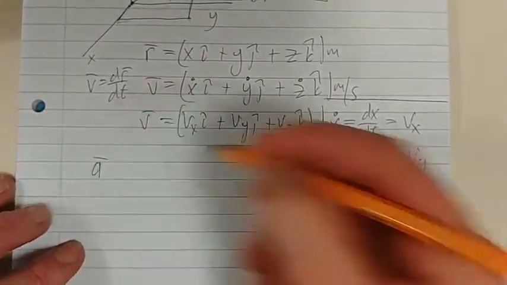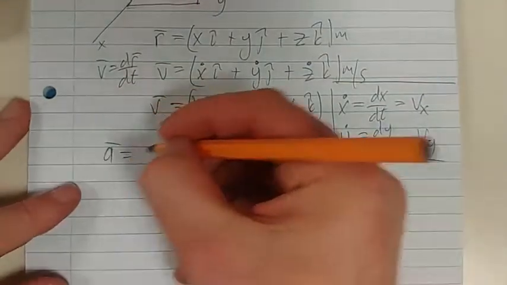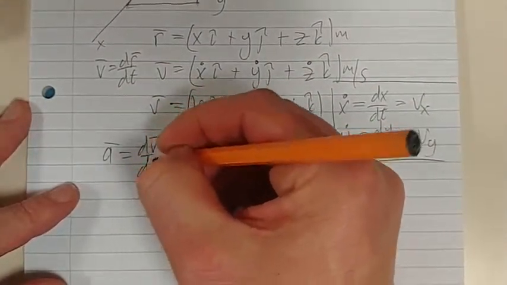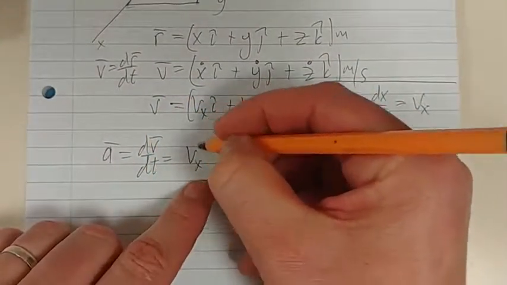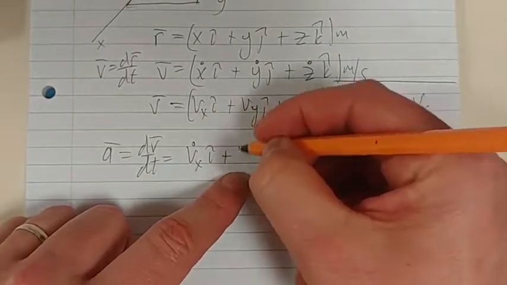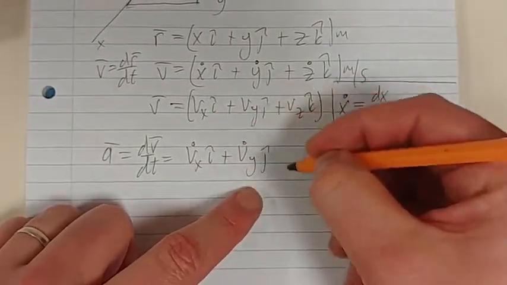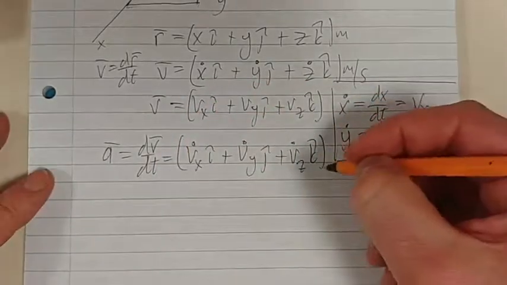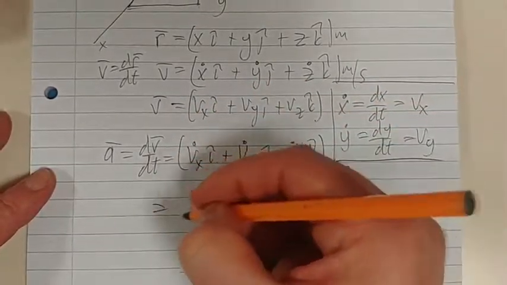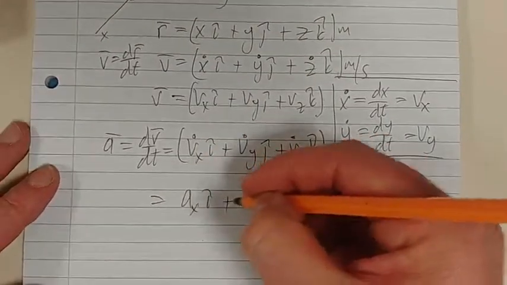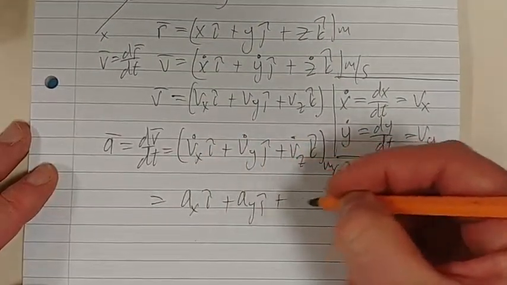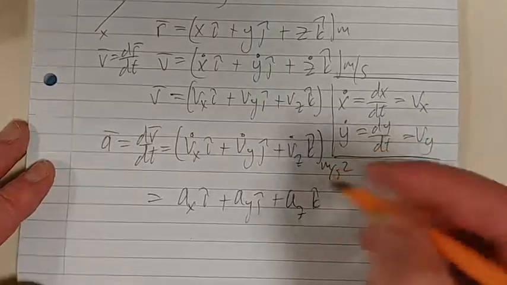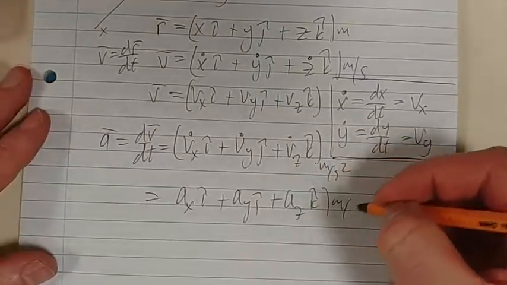What is our acceleration? Again, dv/dt gives us vx dot i, vy dot j, vz dot k, in meters per second squared, which is then ax i, ay j, az k, in meters per second squared.